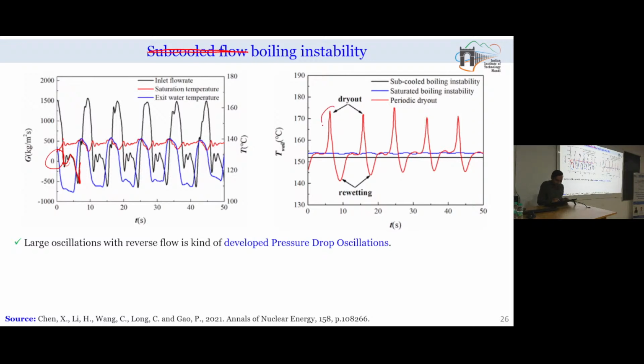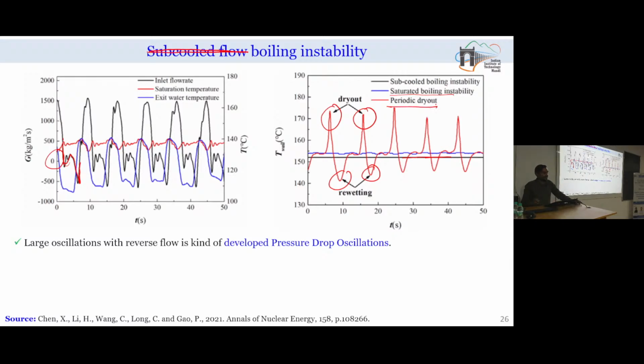So, there is a sudden rise in wall temperature because of the dry out. And whenever you are able to cool, like flow has been established, liquid has just quenched the heater surface, then you will be finding a significant decrease in the wall temperature. Here you can see that in case of subcooled boiling, my heater surface temperature is a fixed value. In case of saturated boiling, because some portions of the heater surface will be covered with vapor bubbles, you can see small fluctuations in the heater surface temperature.